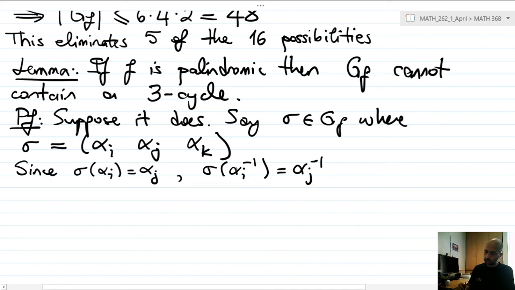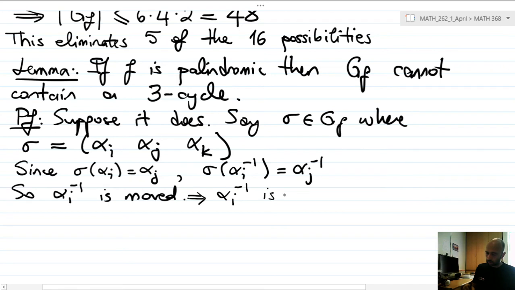In particular, alpha_i inverse is moved, right? But here we have the list of all the things that are moved. There are these 3. So alpha_i inverse must be equal to one of these. Well, it cannot be equal to alpha_i. The inverses are distinct from the roots themselves. So it must be alpha_j or alpha_k.